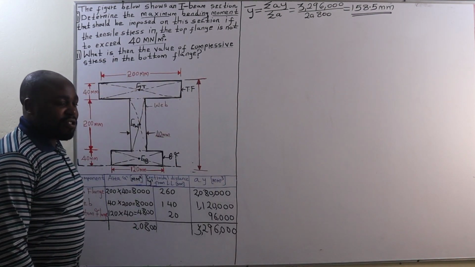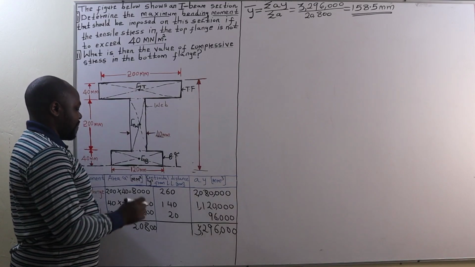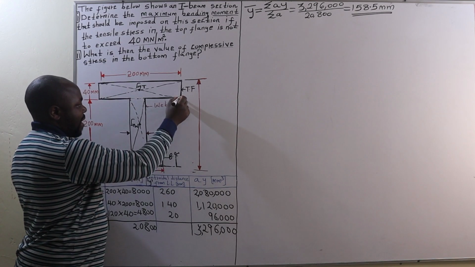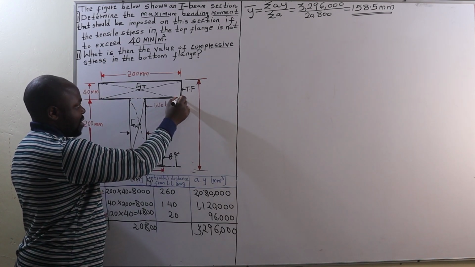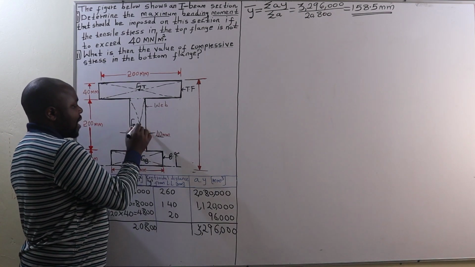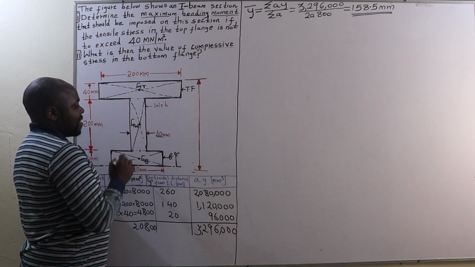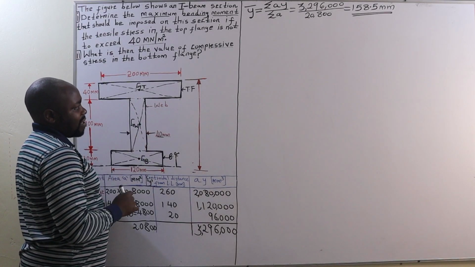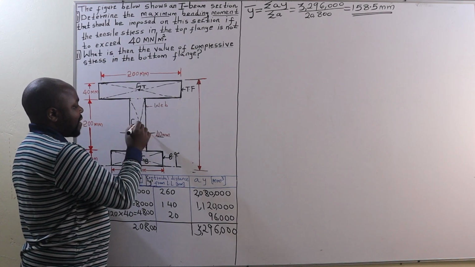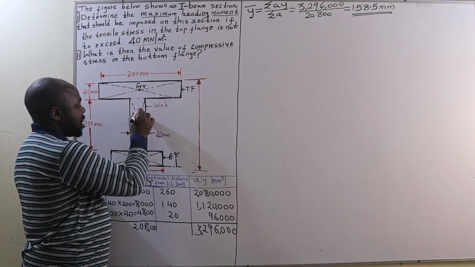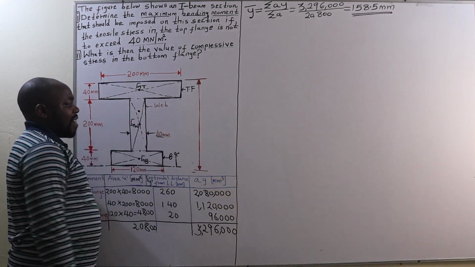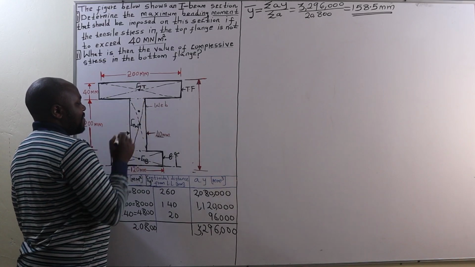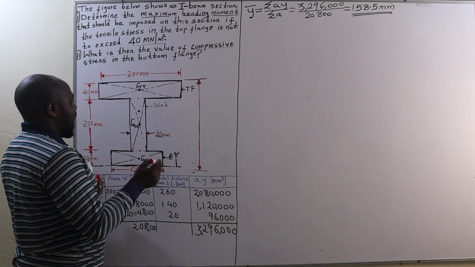Now, when we try to locate it on this I-beam section, we have the whole of this section from LL up to this point being 240. The center of gravity of the web is 140. So 158.5 from that point becomes the center of gravity of this I-beam section.